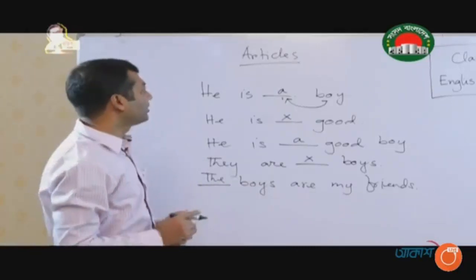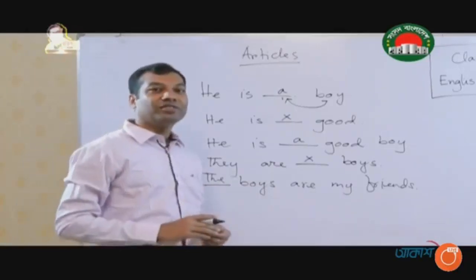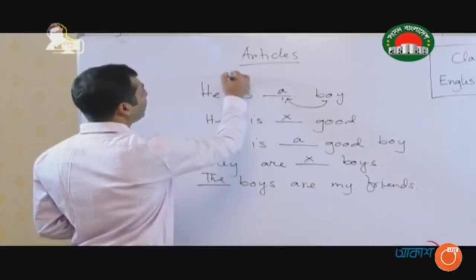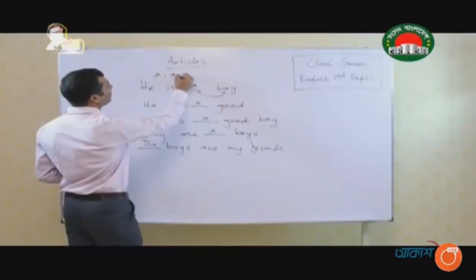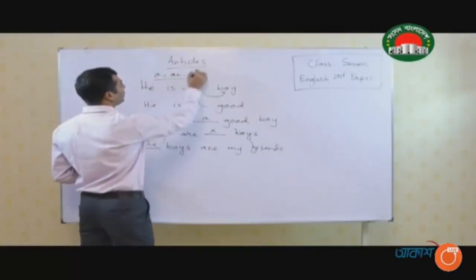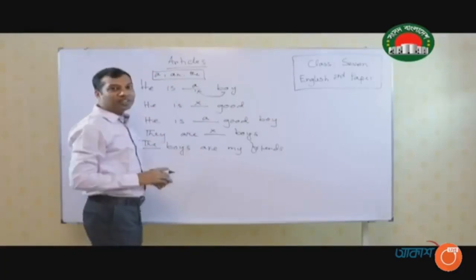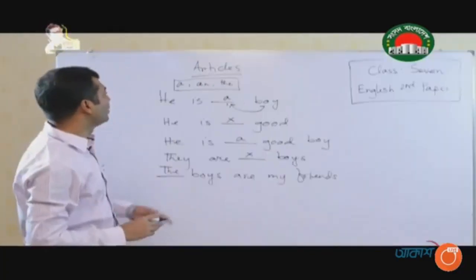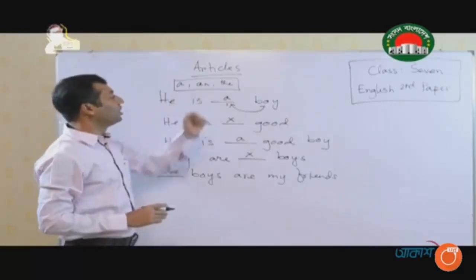There are 3 articles in English. They are a, an, and the. These are the 3 articles we use in the English language. So we have to learn the use of these 3 articles.